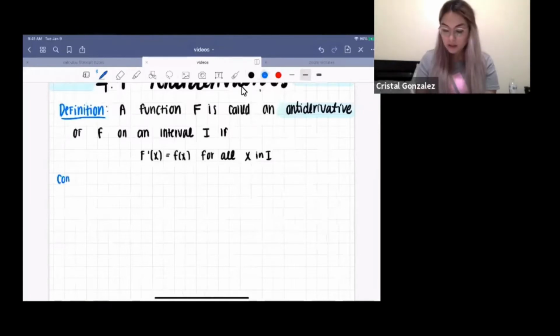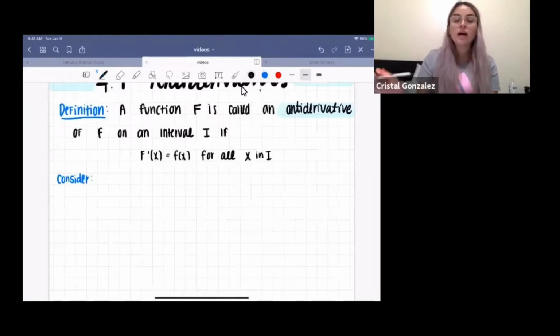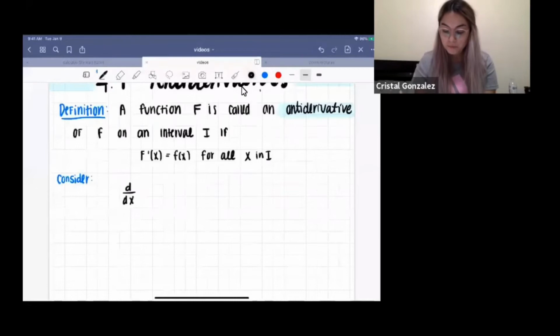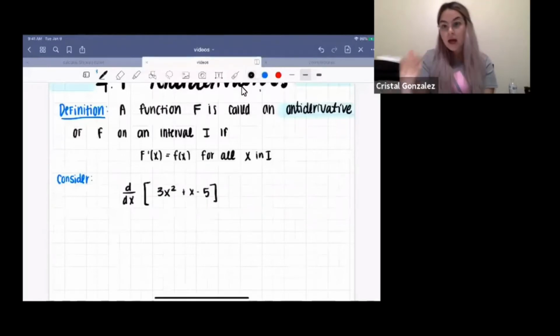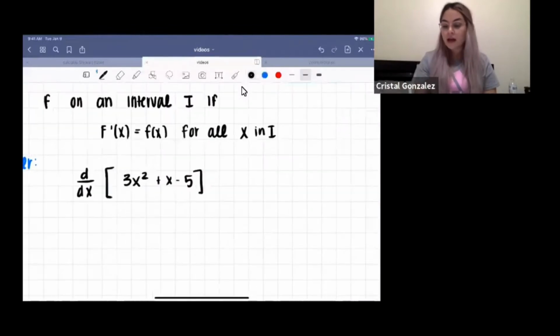So let's consider the derivative of, let's say, a polynomial. It doesn't matter what polynomial, let's say 3x squared plus x minus 5. If I asked you, hey, compute the derivative of 3x squared plus x minus 5, you're like, easy, Miss Gonzalez, I got you.